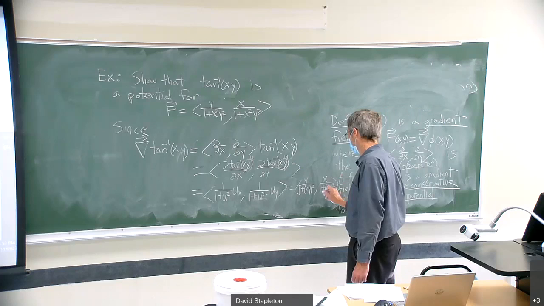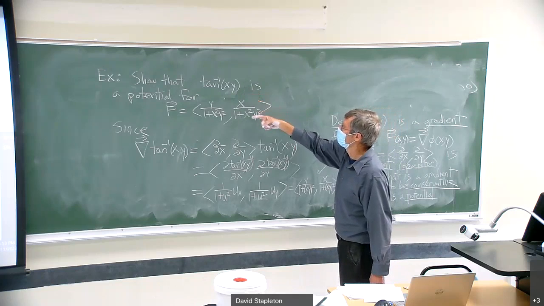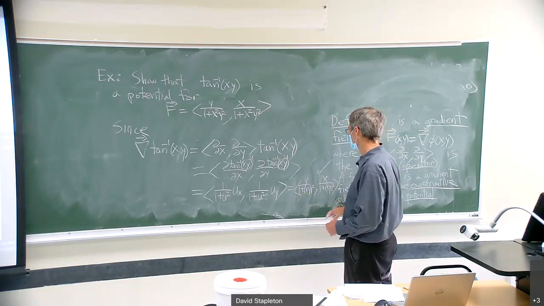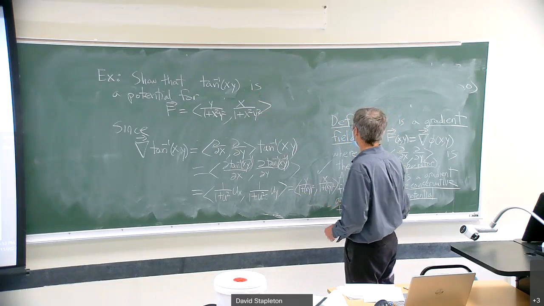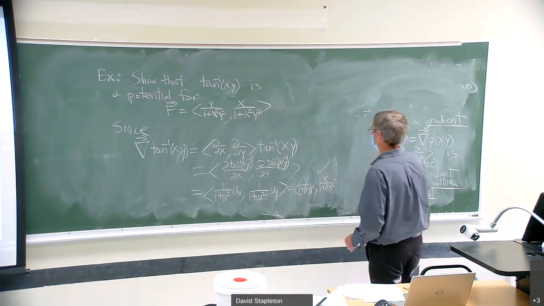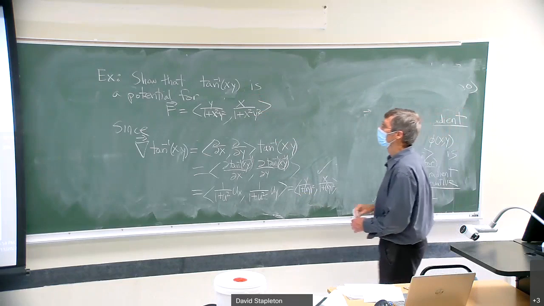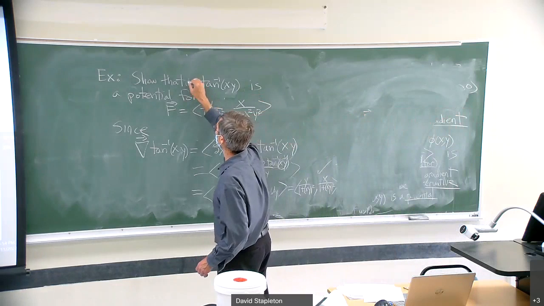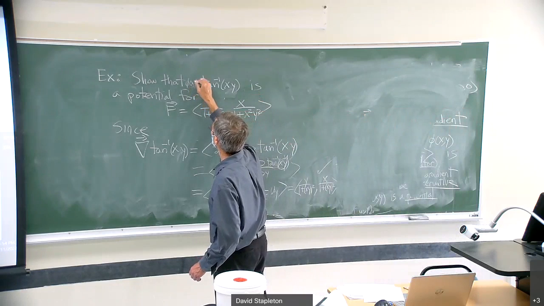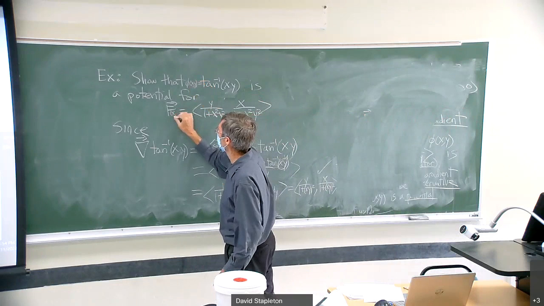Sure enough, the gradient of this function is this vector valued function, or vector field, f. So that does it. This function, phi of xy, is the potential for this vector valued function, f of xy.